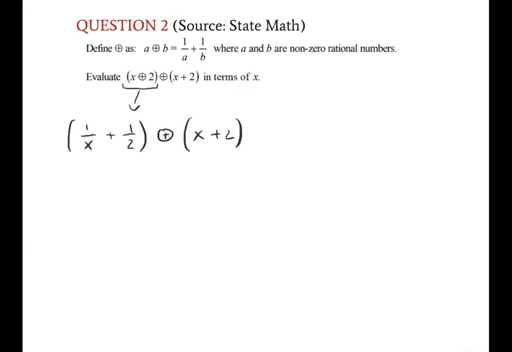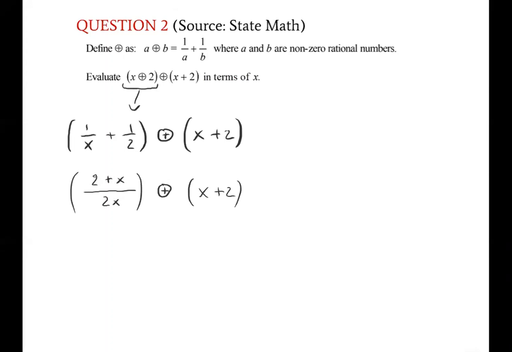And so this first part can be simplified to 2 plus x as the numerator over 2x. Again, we have a plus, and we still have x plus 2.